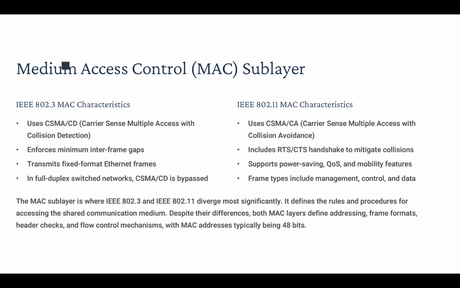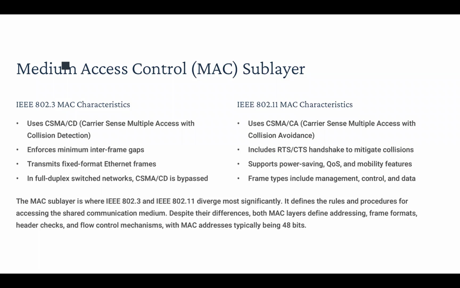They do that to avoid collisions, especially from hidden nodes. Wi-Fi also introduces request to send and clear to send, RTS/CTS, to mitigate the hidden terminal problem, where two devices cannot detect each other but interfere at a common receiver.